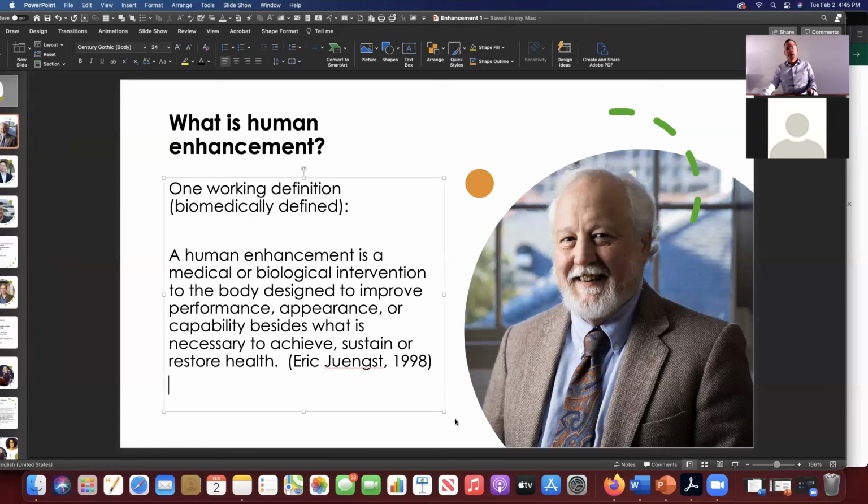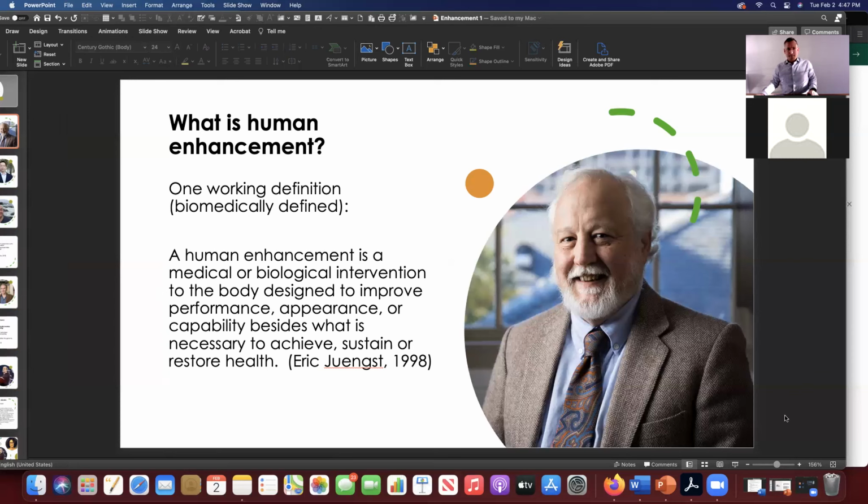Okay, so the distinction between enhancement or genetic enhancement and therapy is oftentimes invoked, I should say, in the literature. And there's debate about the tenability of that distinction. But still, that's one that's oftentimes invoked.